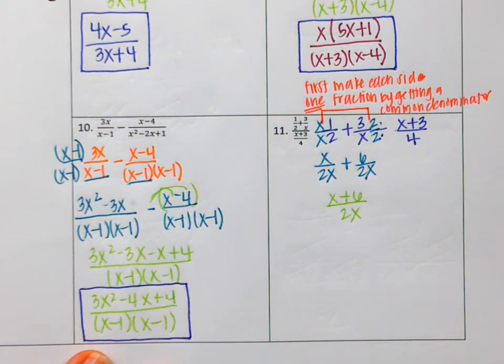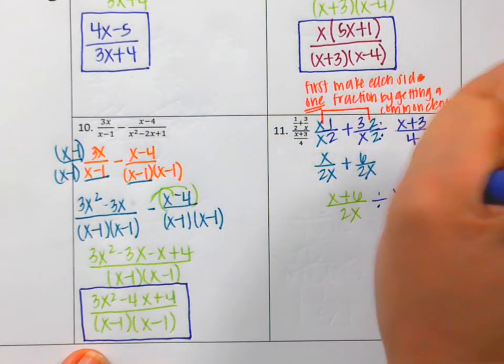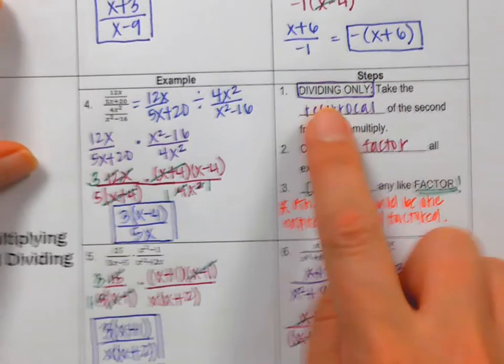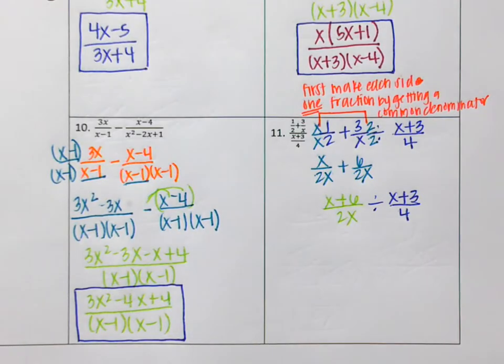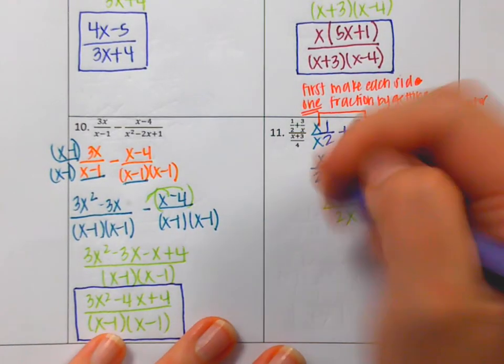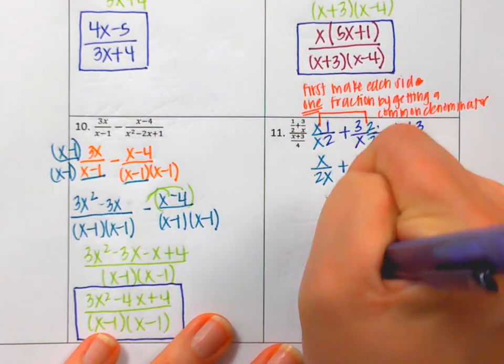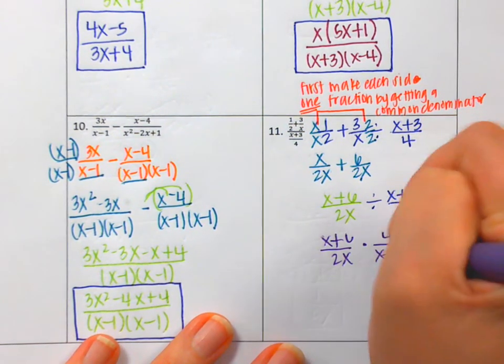Now that this is one fraction, I can bring this problem down, and now I can follow the same steps that I followed in 4. Dividing only, take the reciprocal of the second fraction and multiply. So this one stays the same, but now I take the reciprocal and multiply by 4 over x plus 3.